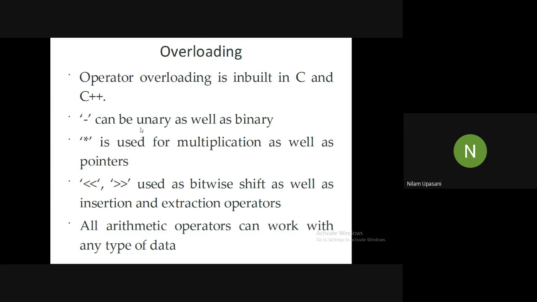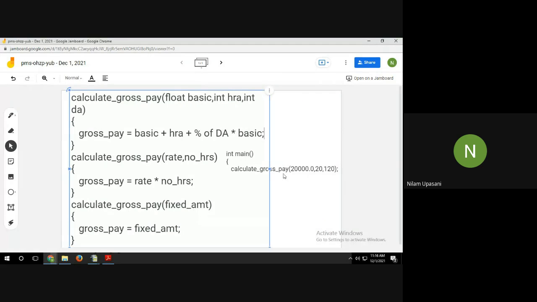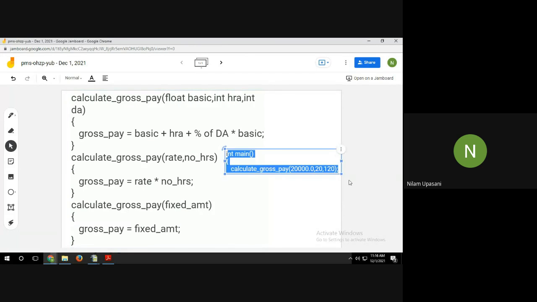Like if I say minus a, इसका मीनिंग क्या हो गया कि this is a unary operator. अगर मैंने ऐसे कर दिया कि b इज इक्वल टू माइनस a, what does it mean? a में अगर 10 वैल्यू होगा तो अभी जाएगा -10, तो it is a unary operator.